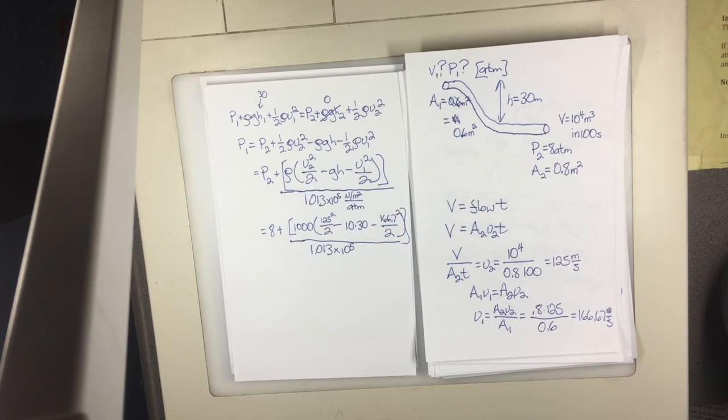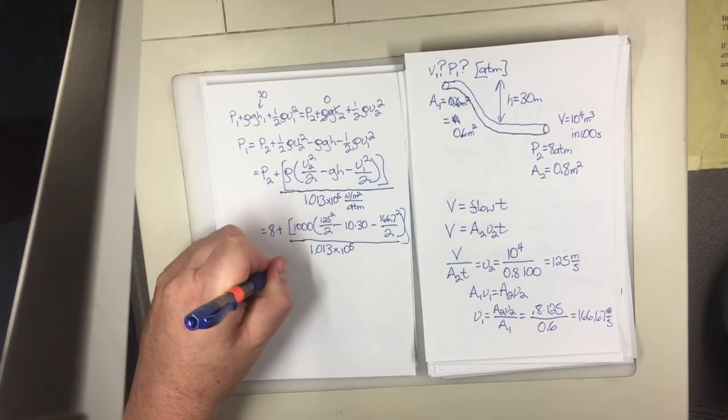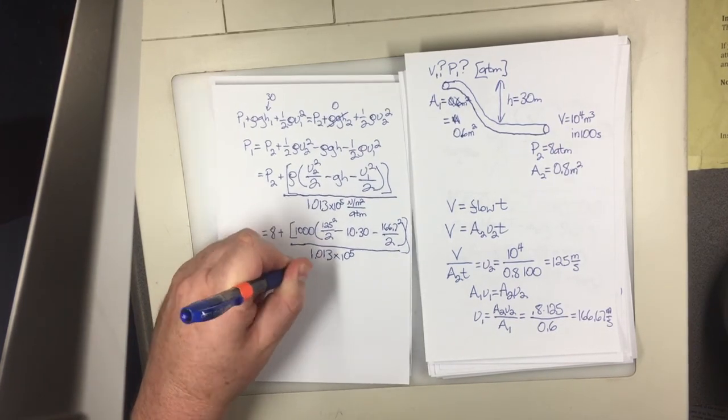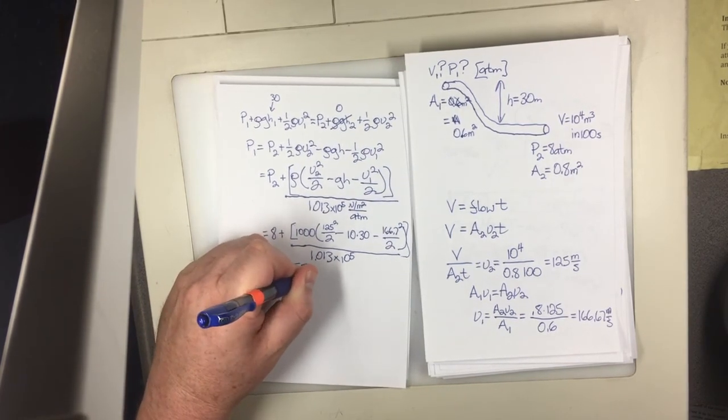I think we may be good. No, we're not. Oh, we're really off. So the answer I get is aesthetically pleasing. It is negative 55,000.